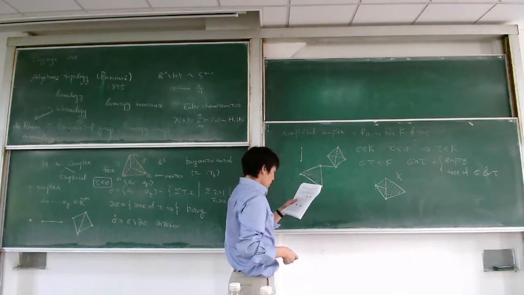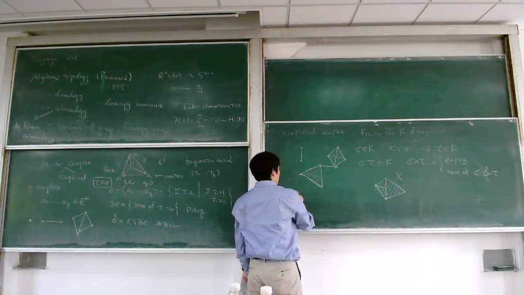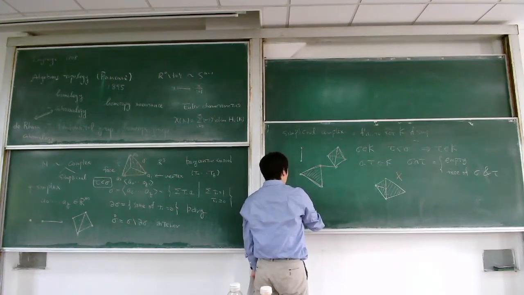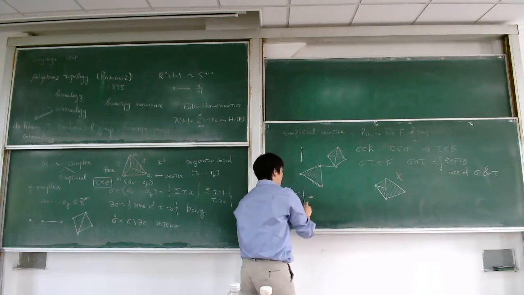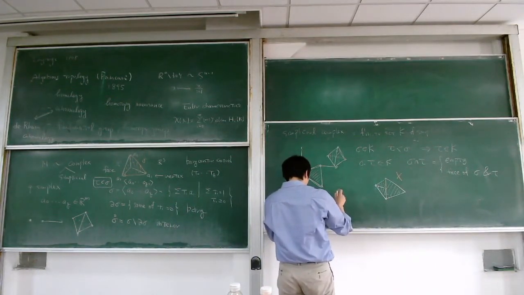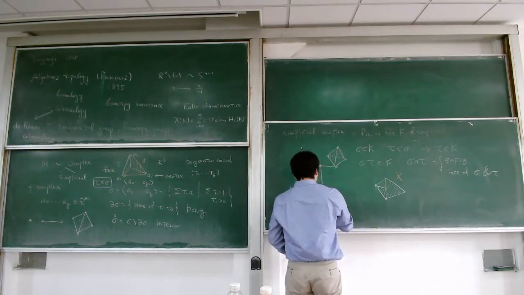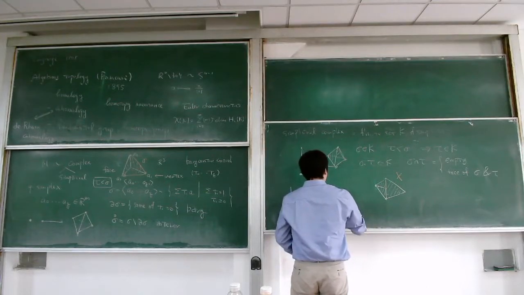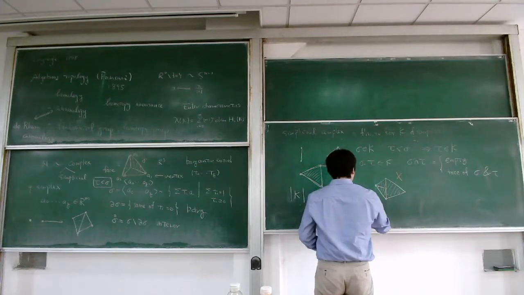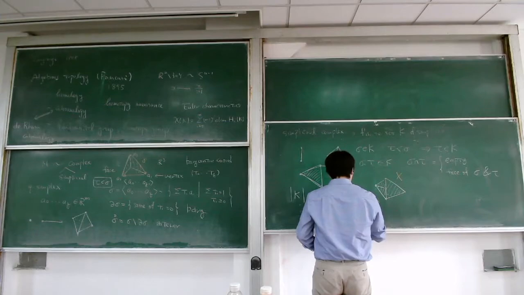So, given K is a simplicial complex, if you write the absolute value of K, this is just the union of the simplices in K.